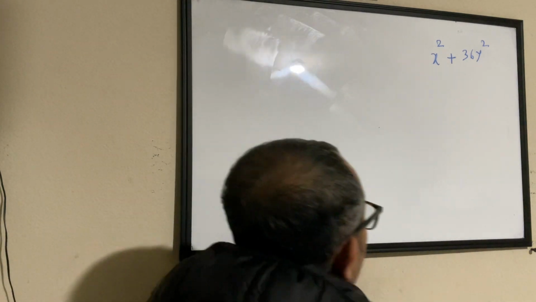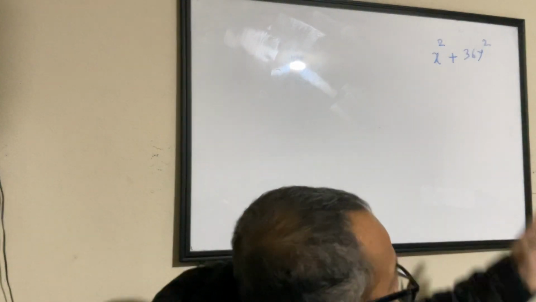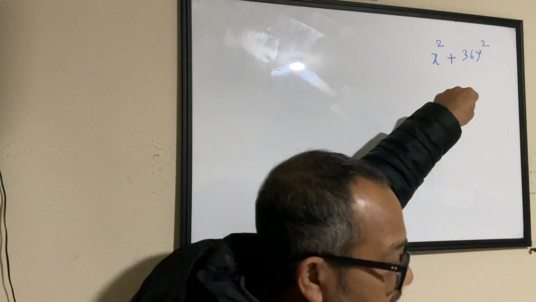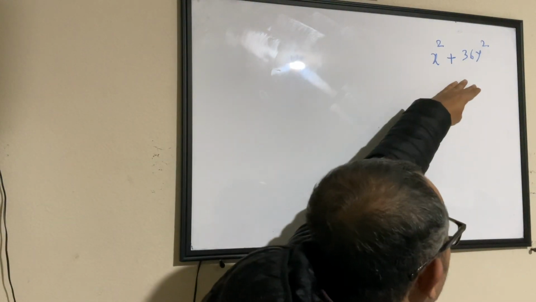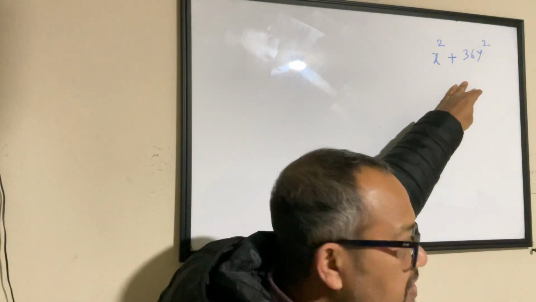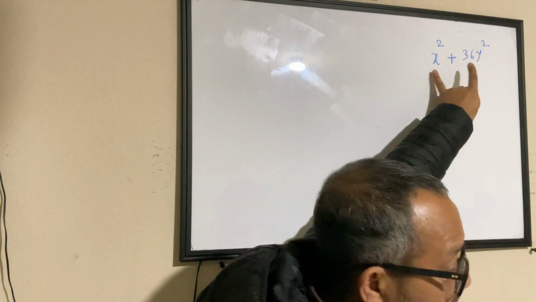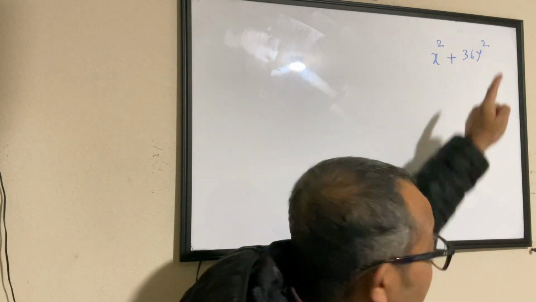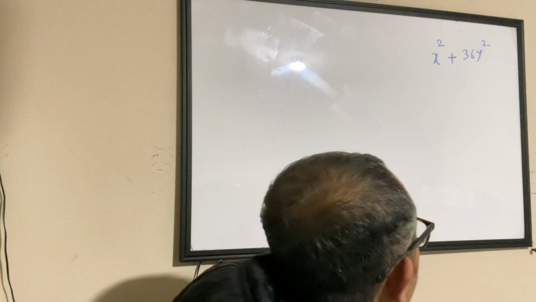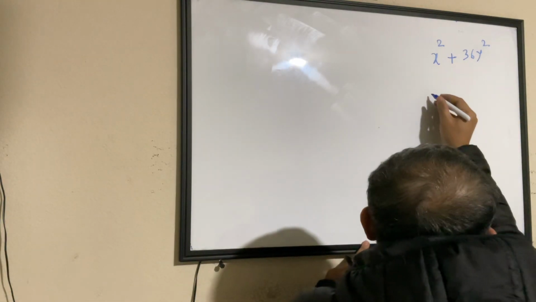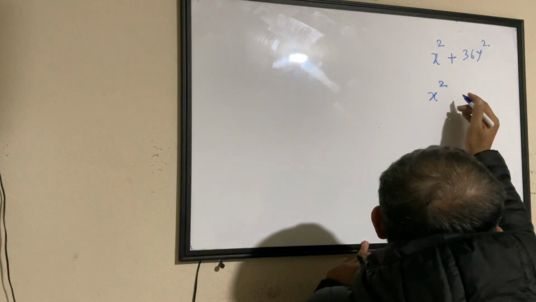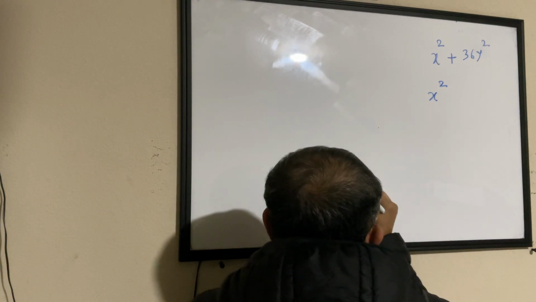Now, when you go to this one, again, this is simple. Before we got exposed to complex numbers, we didn't know how to factorize a sum of squares. But since we have complex number concepts with us, that's what we can use. So we can certainly write this as, our main objective is to convert to this formula.